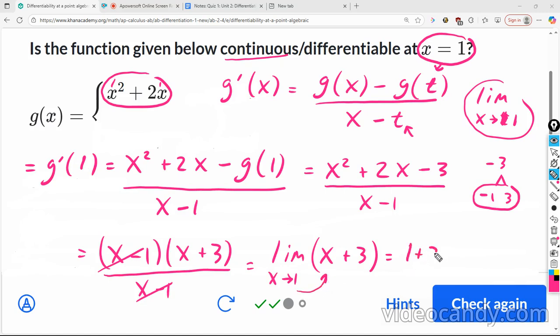That's just 1 plus 3, which equals 4. If we took the 1 and subbed it in here, we would have got 0 over 0. So we had to factor. Now we got 4. And we have to see if we get the same answer for the other piecewise function. So I have to erase this and test the next one. But we got 4 for this one.